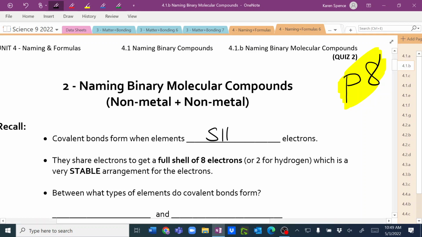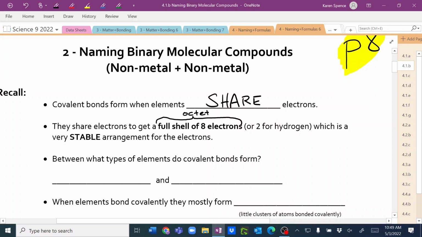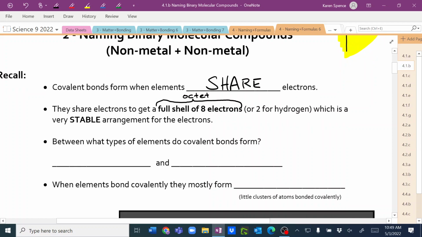Share. Excellent. They share electrons in order to get a full shell of 8 electrons. What do we call a full shell of 8 electrons? That is an octet, yes, which is a very stable arrangement. Between what types of elements do covalent bonds form? Nonmetal and nonmetal.